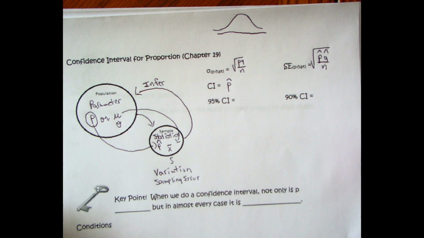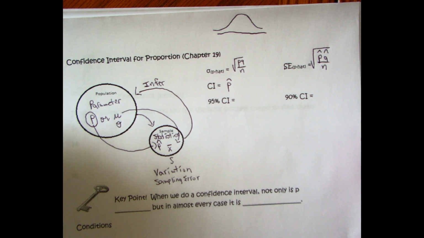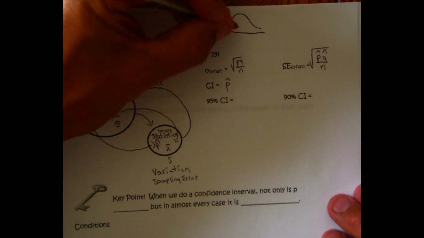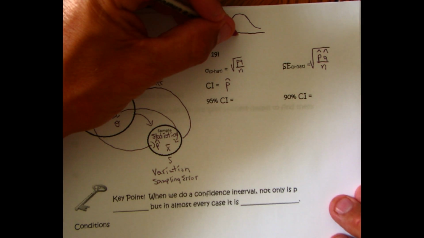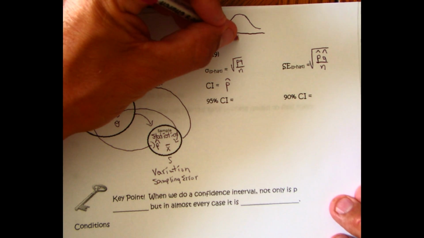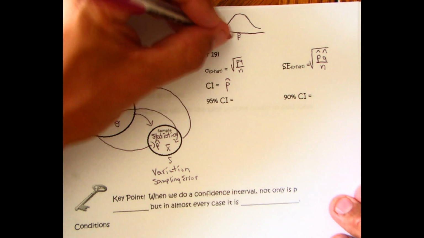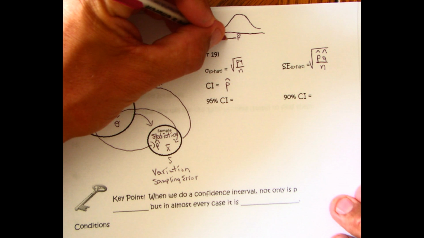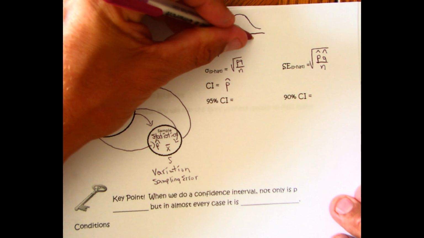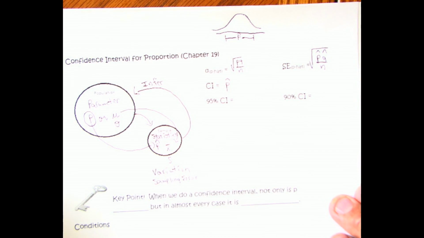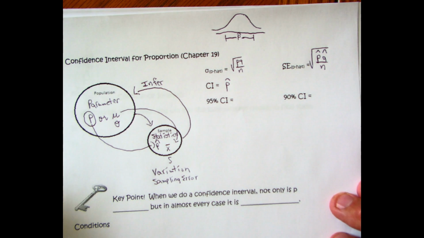Based on where that is, we're going to create an interval based on a normal model. So we're going to say, this is where we know that p hat is. P hat's always going to be here. We're going to create an interval to capture p.